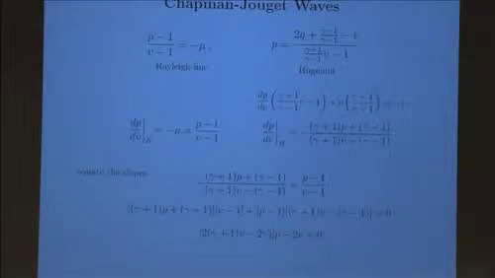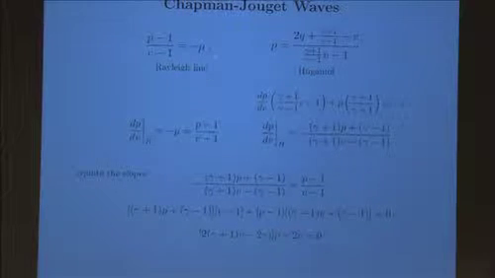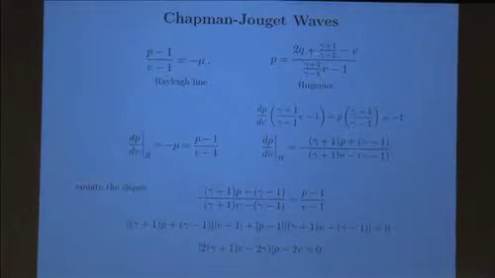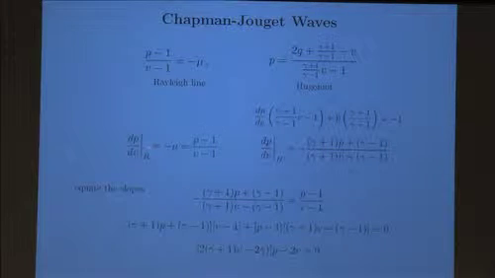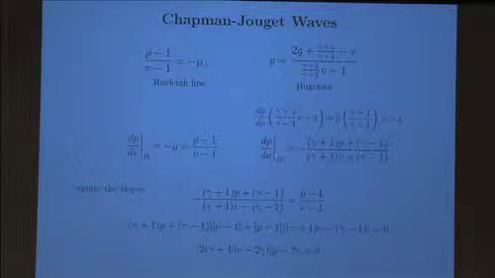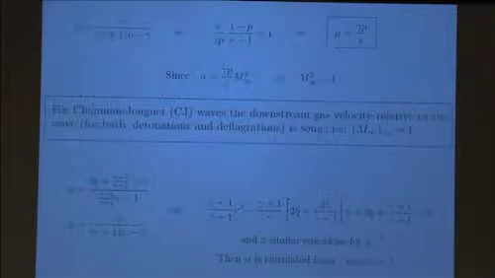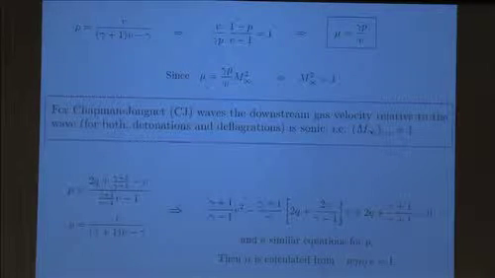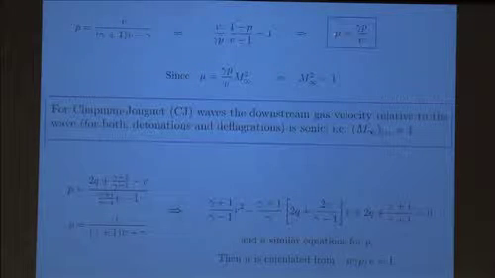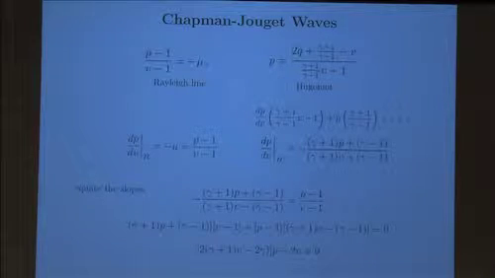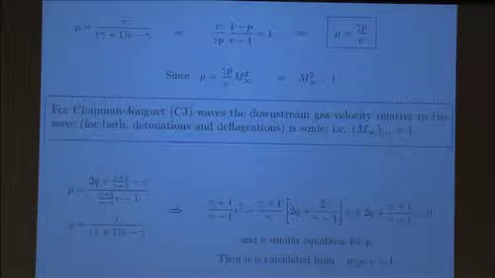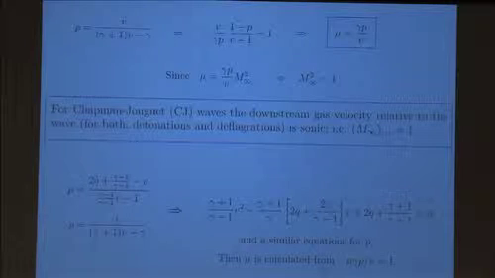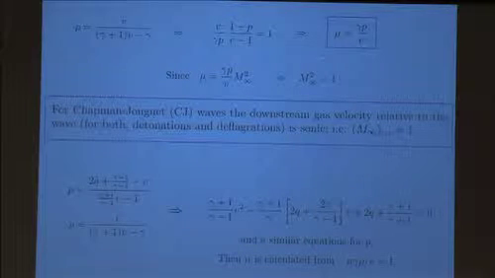And this is what essentially is shown here. So this is the Rayleigh line, the Hugoniot, and if you calculate the derivative of the Rayleigh line and the derivative of the Hugoniot, and you equate them, then you end up with a relation that tells you something about the Chapman-Jouguet wave.